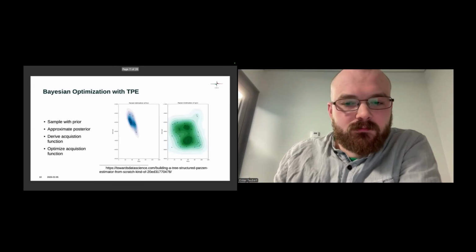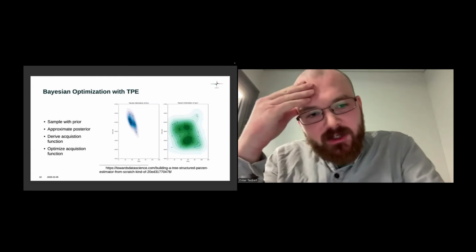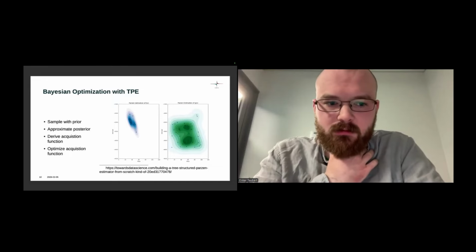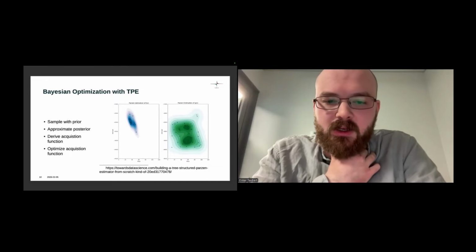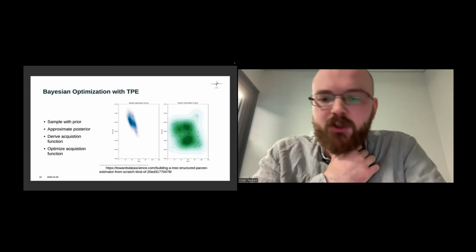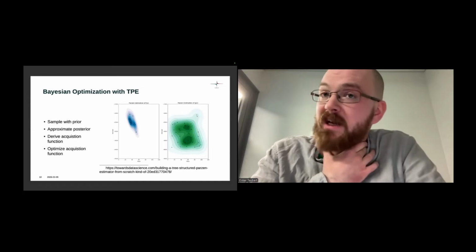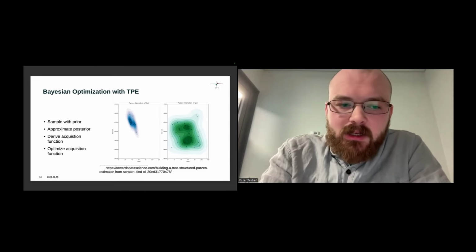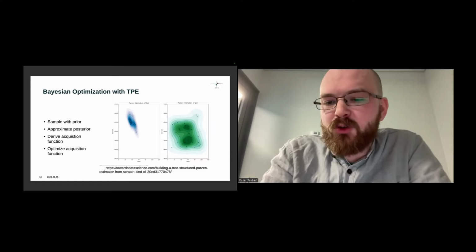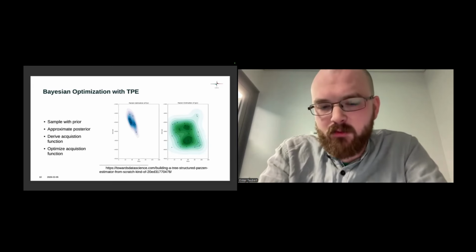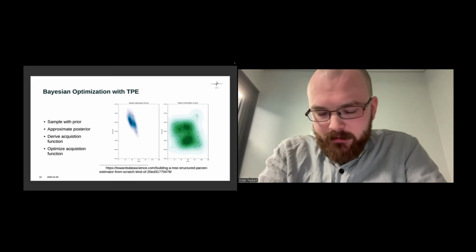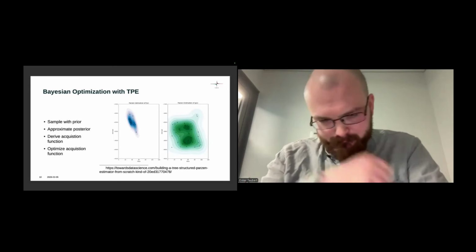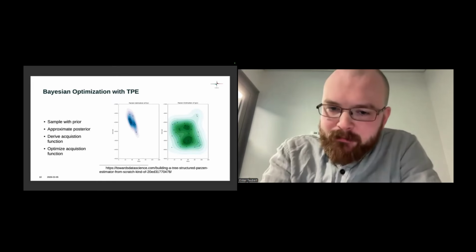So let's talk a little bit more about Bayesian optimization with the example of tree-structured Parzen estimators. What you do here is, you start off with a random sampling of points that you evaluate, and then you can split them into a good and a bad set. You can already see from the picture, the good set is in blue and the bad set is in green.